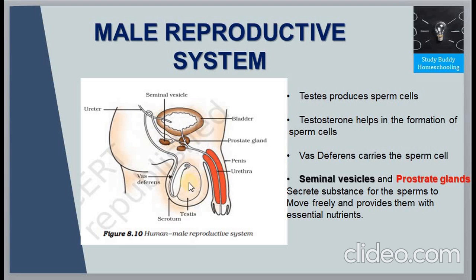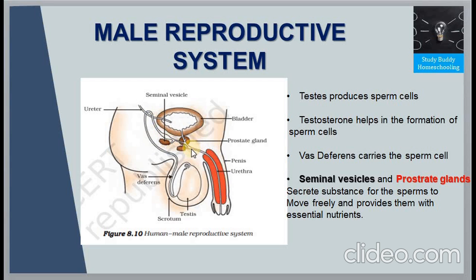So now the sperms which are produced in the testis, they get matured in epididymis, and the sperms travel through this tube, vas deferens, and in the process there are secretions made by seminal vesicles and prostate gland, which helps the sperms to move smoothly and also give them energy to travel through, and here it reaches here.